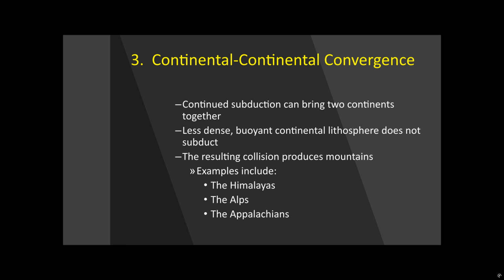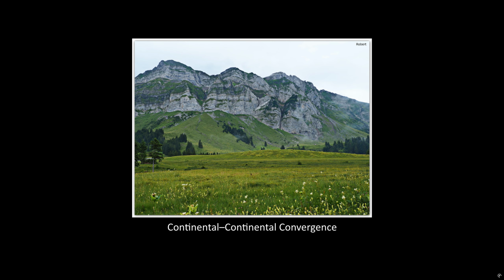So when two continents collide, the resulting collision produces mountains. Examples include the Himalaya, the Alps, and the Appalachian Mountains. Here's an example of the Alps continental-continental convergence.